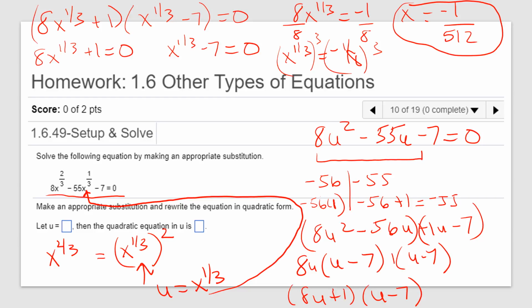For the other one, I'm going to add 7, so x to the 1/3 power equals 7, and I cube both sides. 7 times 7 is 49, and 49 times 7 is 343. So my two answers are x equals negative 1 over 512 and 343.